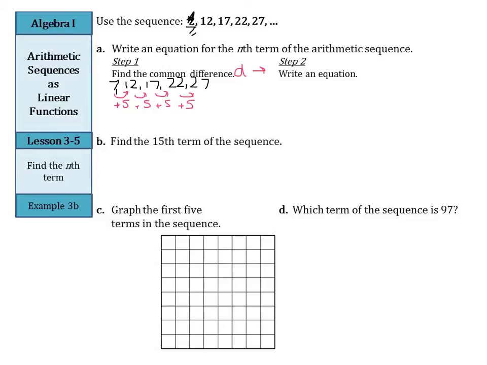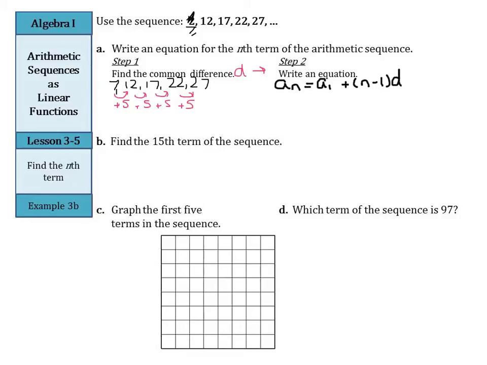When we go to write our equation, we can always start with this equation here. a_n equals a_1, which is our first term, plus n minus 1, which represents whatever that last term is going to be, times our common difference.